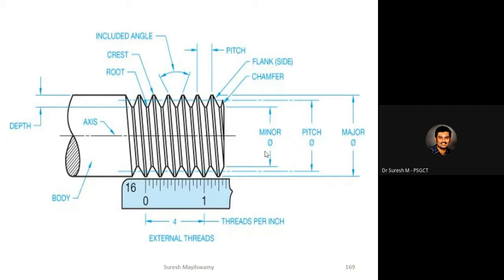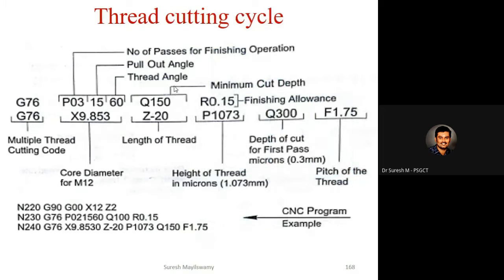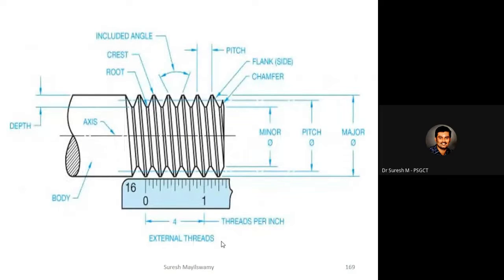Major diameter is given as M12, but in the threading operation, in the X parameter, we can give 9.853 as the core diameter, which is called the minor diameter.